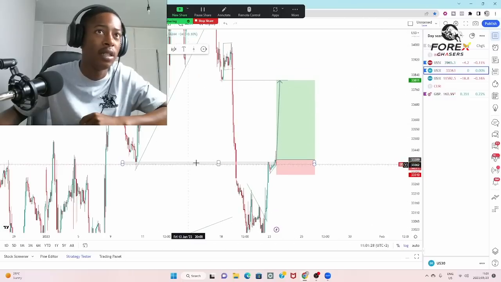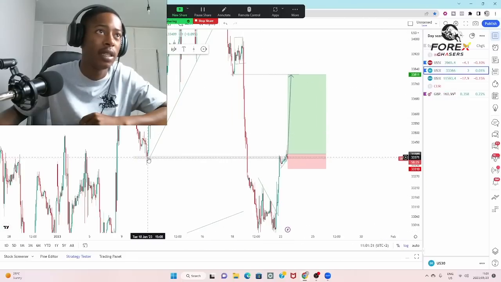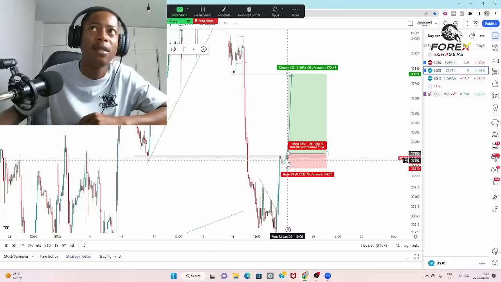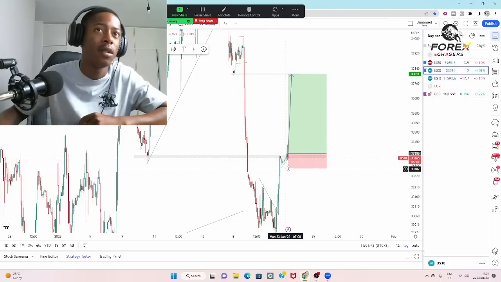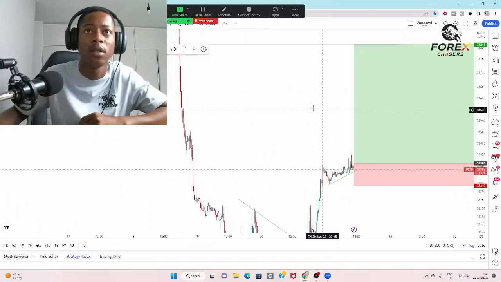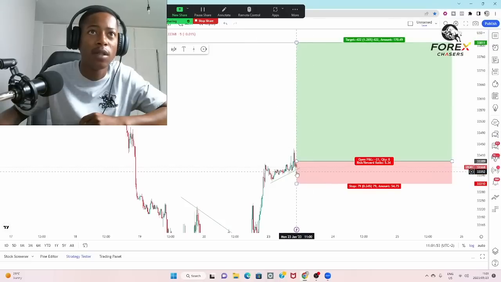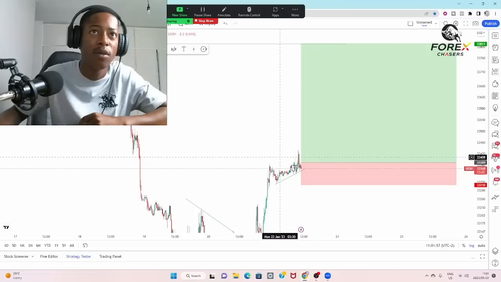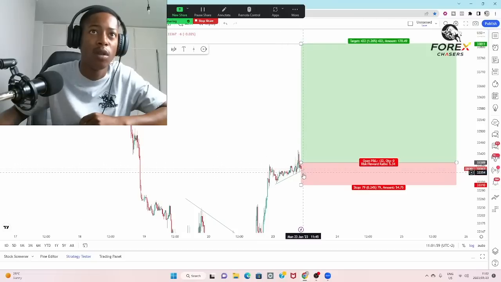So even here we just need to manage it, because remember, there's a resistance, and here we broke out, but we didn't close cleanly above here. So you can still experience negatives, it can still go down and hit us out. But what I'm more likely to do is, once it closes below here, take the stop loss as early as possible, because if it closes below, it's showing me that there's a chance.